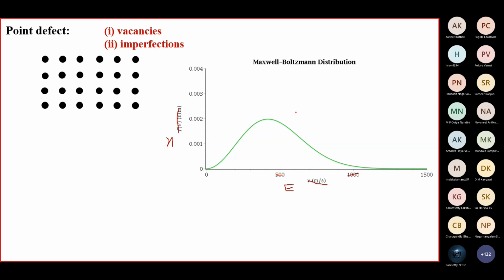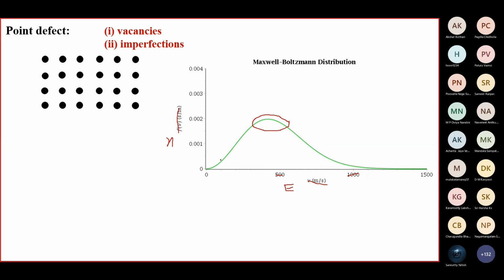Now look at this carefully. All of these atoms do not have the same energy. Some of them have high energy. Of course, the number is less, but some have high energy.